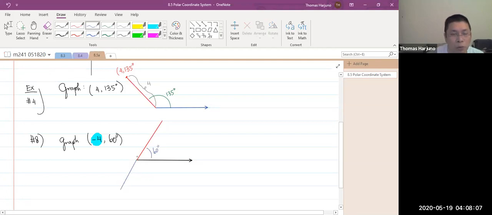Now I'm supposed to go 4 units there, but because it's negative 4, I go backward 4 units instead.